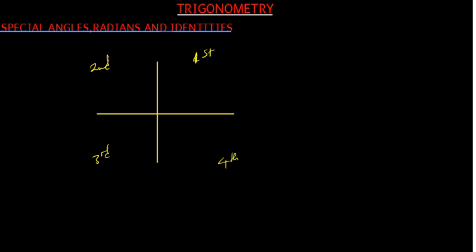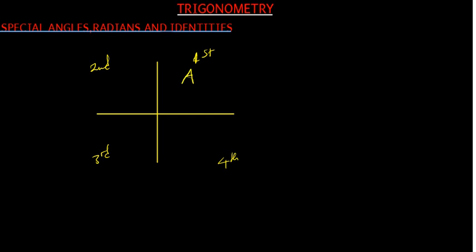And so we should be able to understand in which quadrant each trig ratio is positive and in which quadrant it is negative. So if we come to our Cartesian plane, we are going to call this the first quadrant, this the second quadrant, this would be our third quadrant, then this would be our fourth quadrant. So in the first quadrant, all trig ratios are positive.